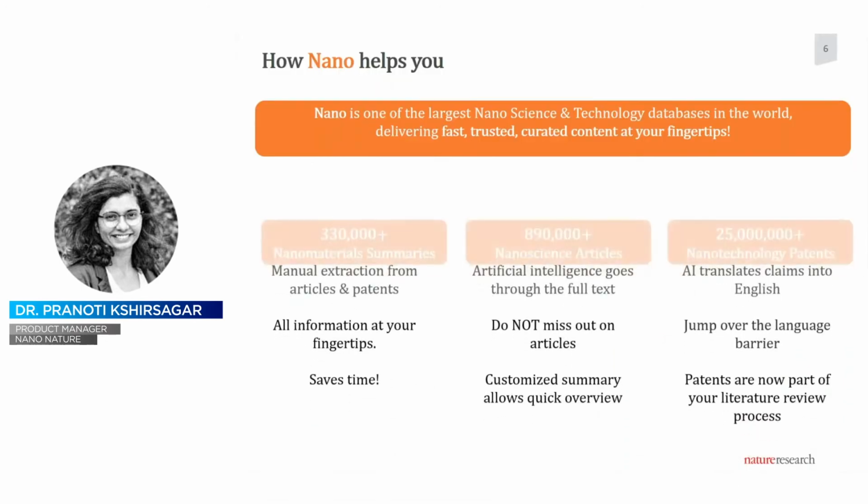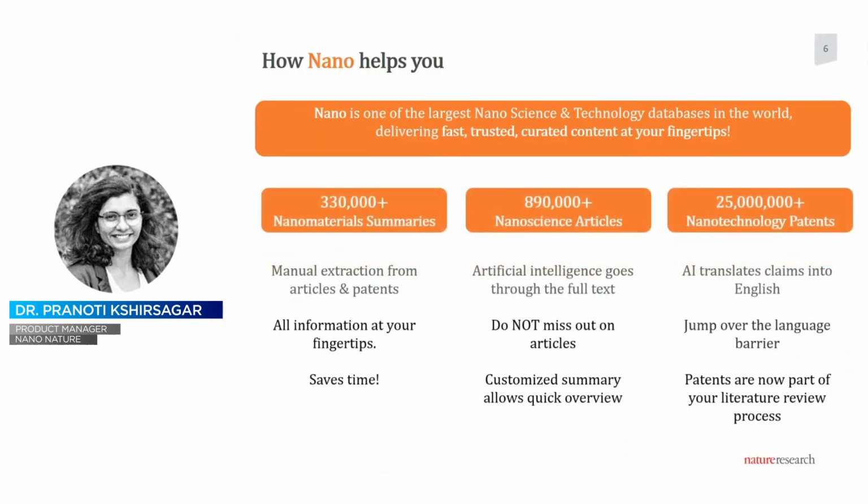And I'm going to summarize the advantages real quick for you so that you understand how Nano can help you when you are going about your research. So starting with the nanomaterial summaries, all the information is available at your fingertips, which saves you a lot of time.